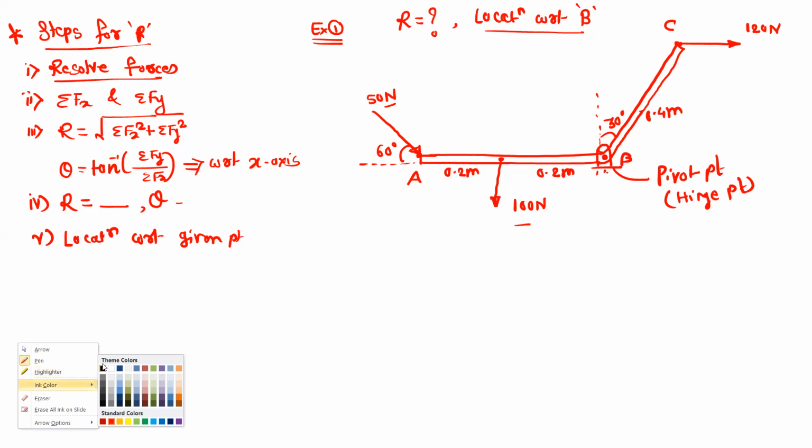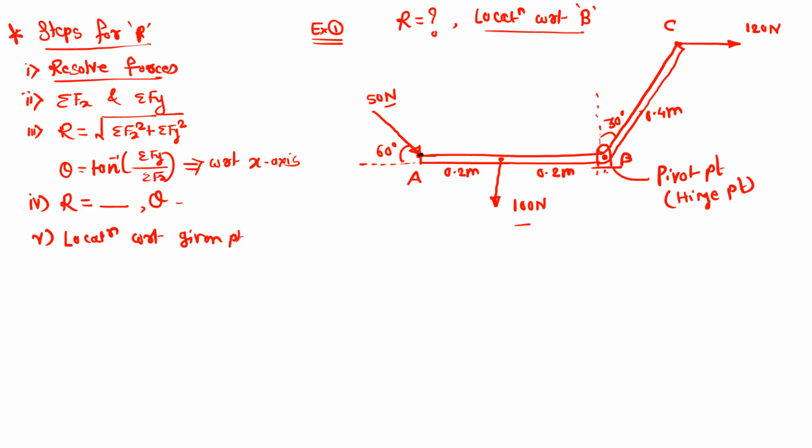So I will show the resolution. This is the point of contact of this force. From this point, draw one vertical line and draw the horizontal line. Along this vertical line, we will have the y component, and along this line, we will have the x component. As the direction is given like this, we show the components in the same direction.